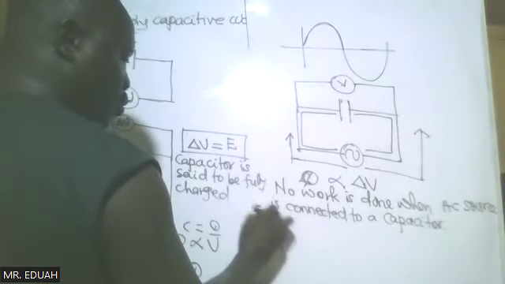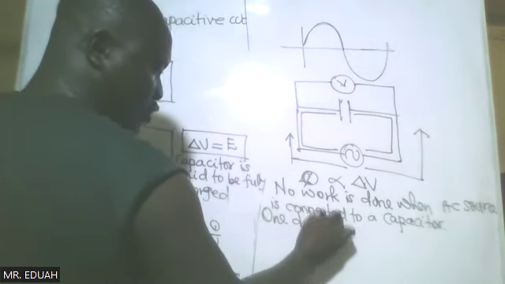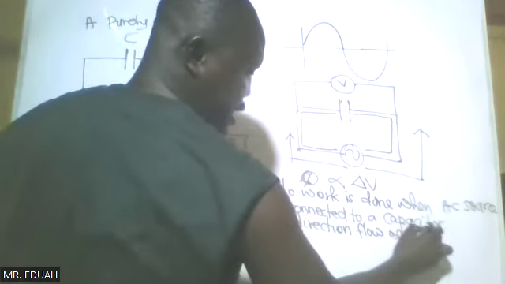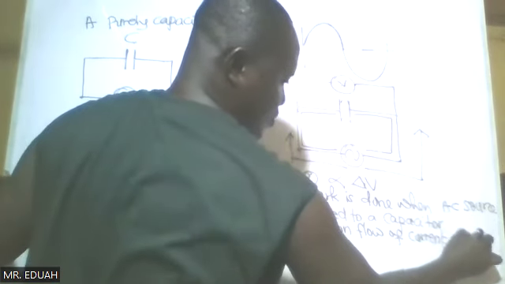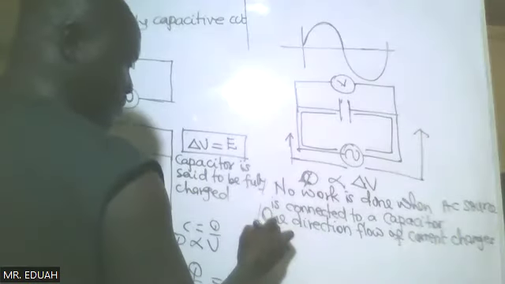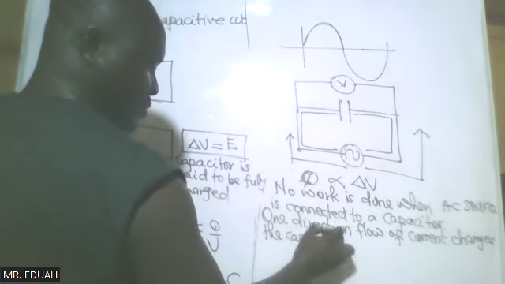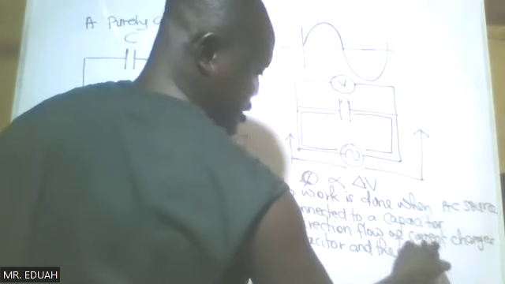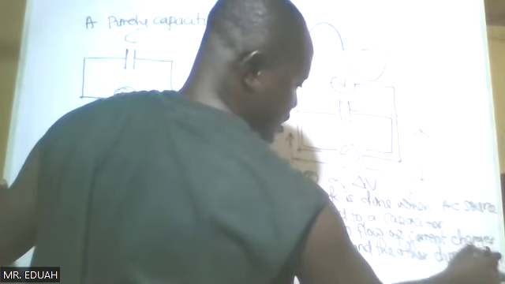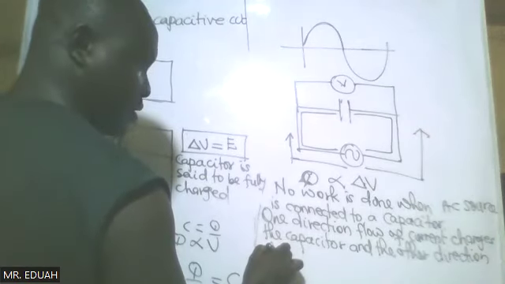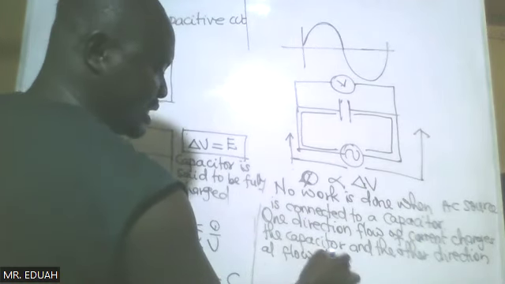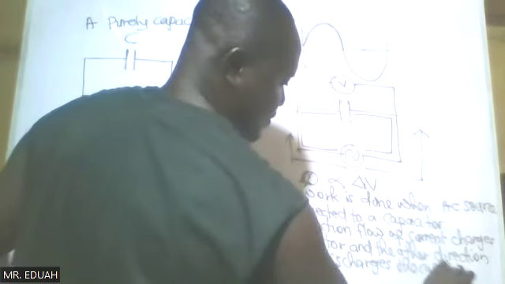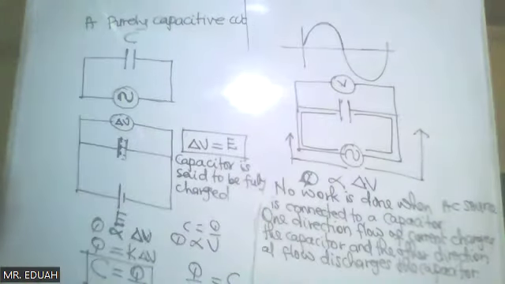This is because one directional flow of the current charges the capacitor, and the other directional flow discharges the capacitor. So in effect, no work will be done.